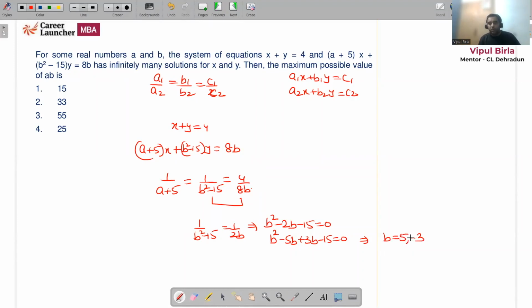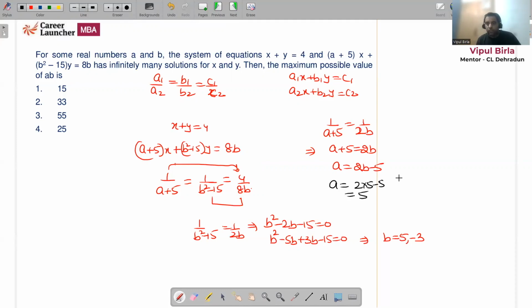Now, once we know the value of b, let's calculate the value of a corresponding to that. If you take the first and third, 1 upon a plus 5 is equal to 1 upon 2b, which implies a plus 5 equals 2b, or a equals 2b minus 5. Now, if b is equal to 5, a will become 2 into 5 minus 5, which is equal to 5.